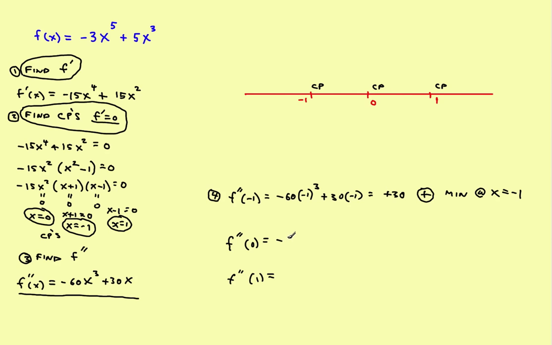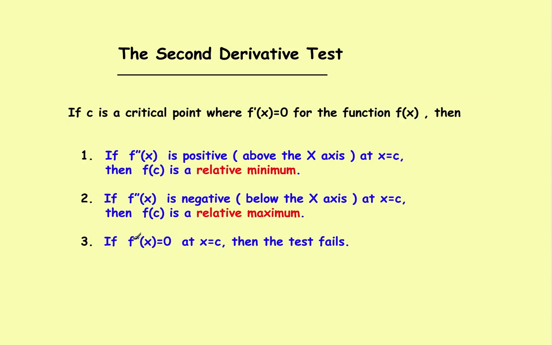Now let's find out what's going on at 0. So I'll plug a 0 in. So negative 60 times 0 cubed plus 30 times 0. Now, since both those terms are 0, this will turn out to be equal to 0. So what does that mean? Well, let's go back to the rules. The rules say if the second derivative is equal to 0 at a critical point, then the test fails and you have neither a minimum or a maximum here, or possibly neither.